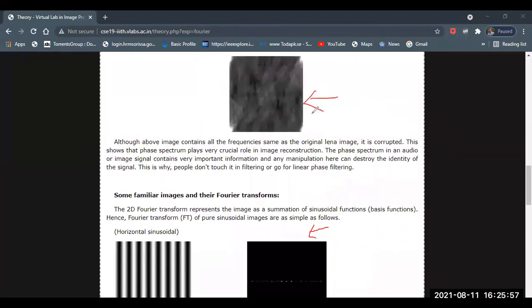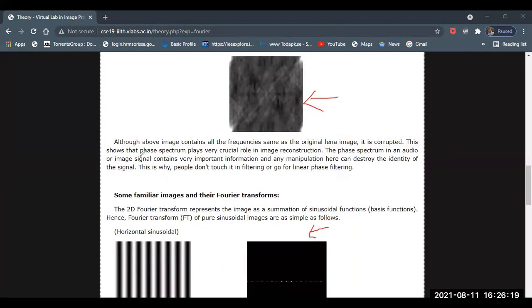The reason is we have not included the phase angle. Although the image contains all the frequencies of the original image, it is corrupted.